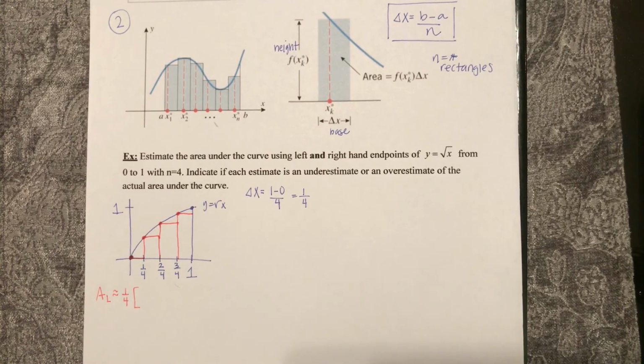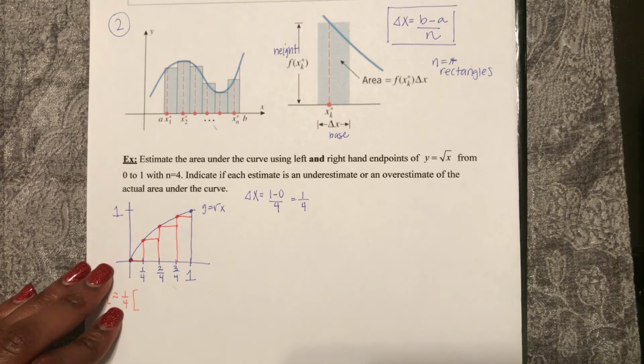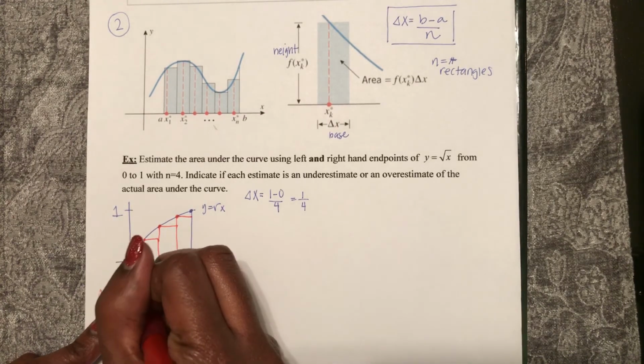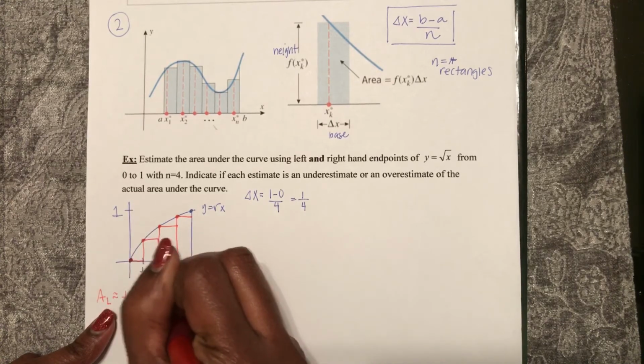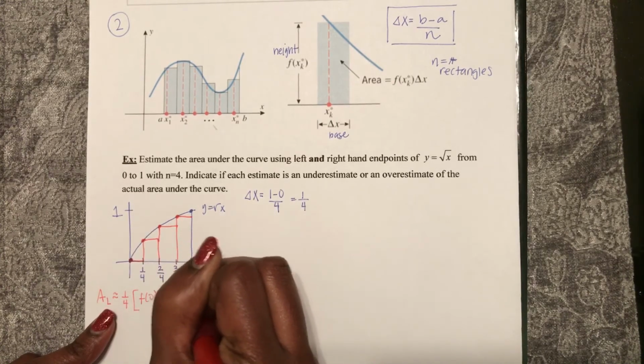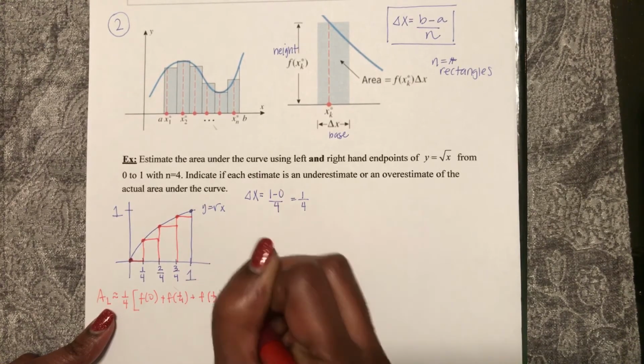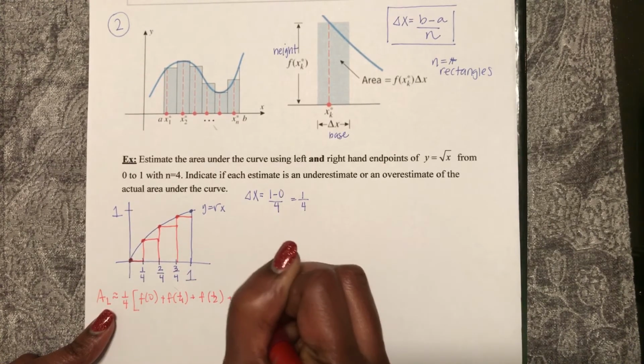What's going to change about each of those rectangles is their height. So instead of multiplying by the base each time and adding those rectangles, I'm just going to factor out that base and then add my heights. So that's going to be f of 0 plus f of 1/4 plus f of 1/2 plus f of 3/4.